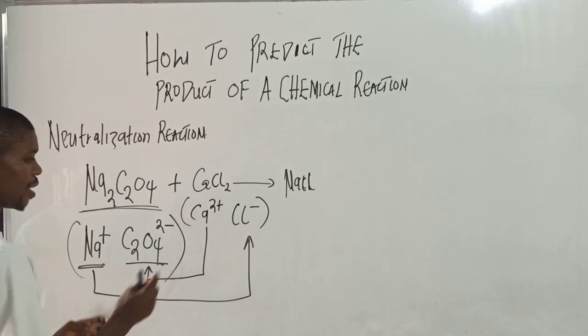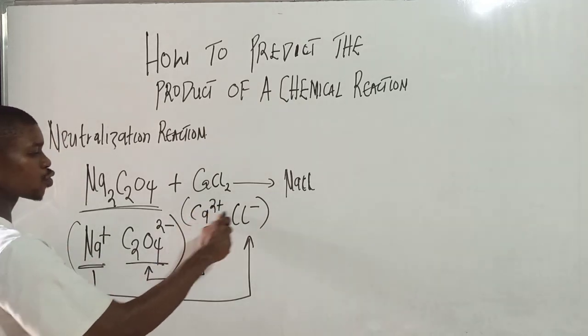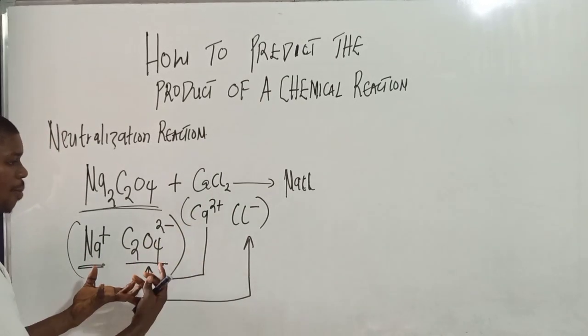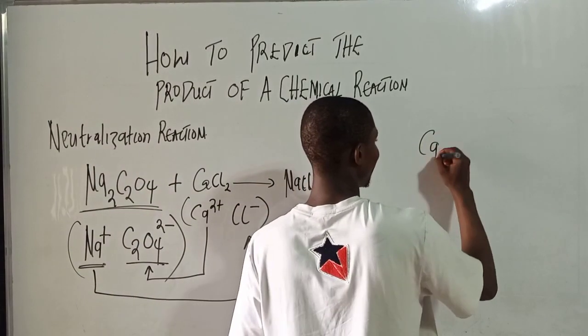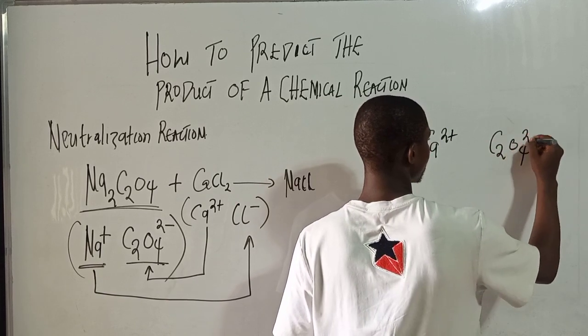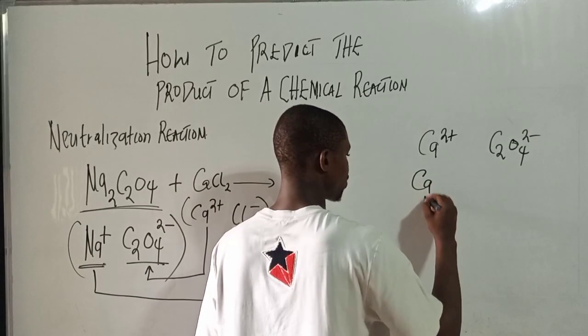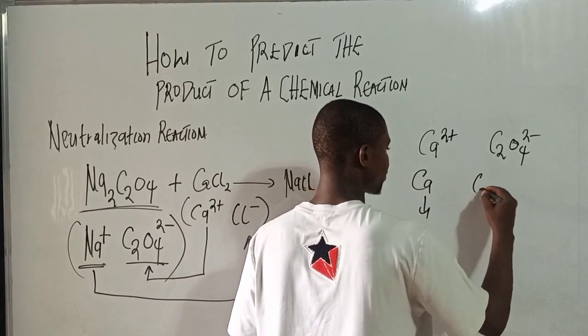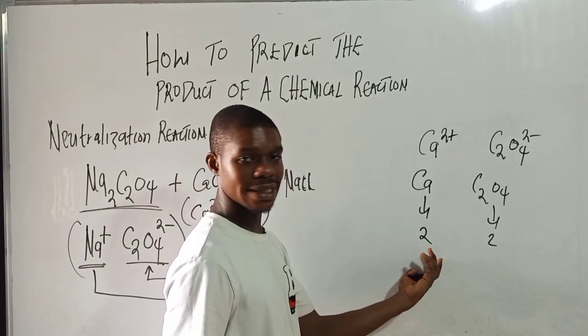Then next thing is this guy and this one here, calcium and oxalate. Why do they combine? Because here we have 2 plus, here we have 2 minus. So they are going to combine. Positive attracts negative. So here we have Ca2 plus, here we have C2O4 2 minus. So here we have Ca which is 2, C2O4 which is 2. Now 2 can go into 2, right?